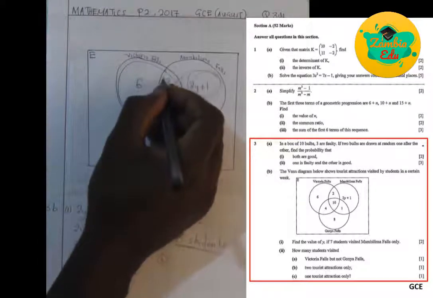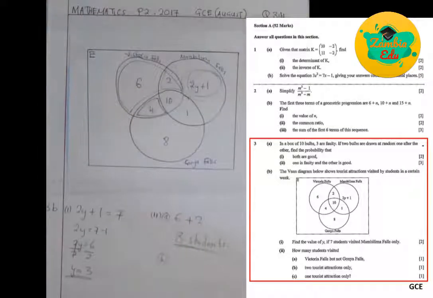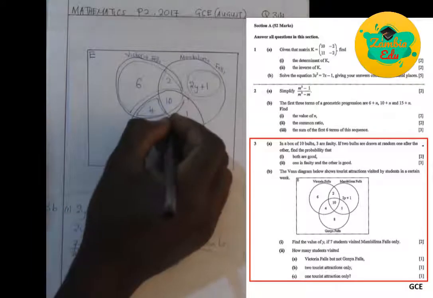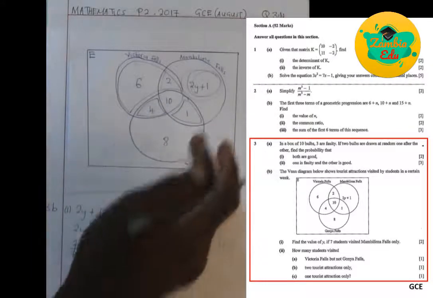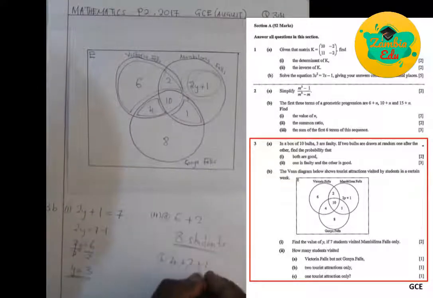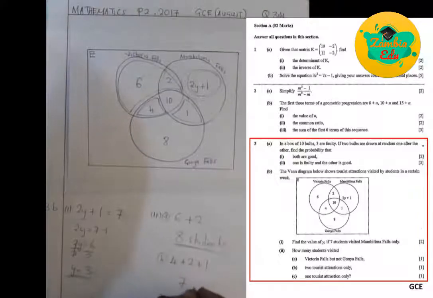We have a 2 as the intersection for Victoria Falls and Mabilima, and we have 1 as the intersection for Mabilima Falls and Gonia Falls. So we add them, 4 plus 2 plus 1, and we get our answer being 7 students.